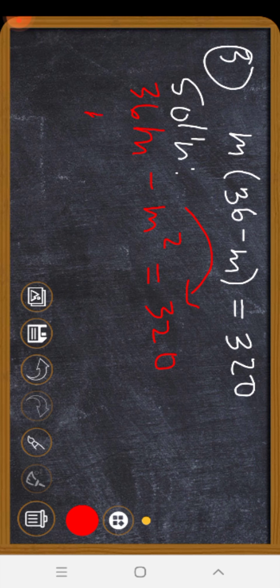So that becomes 0 is equal to m squared minus 36m plus 320. Flipping the equation, we get m squared minus 36m plus 320 is equal to 0.